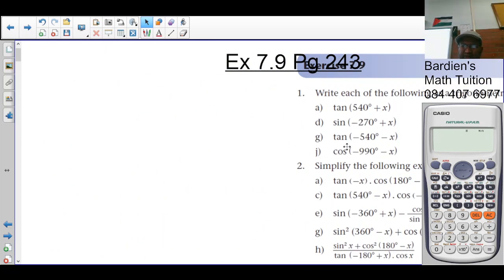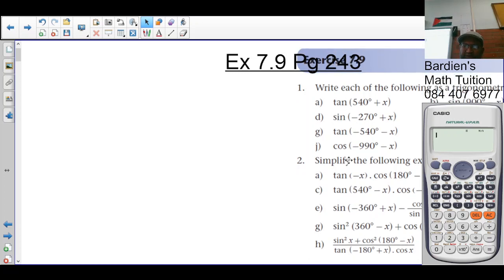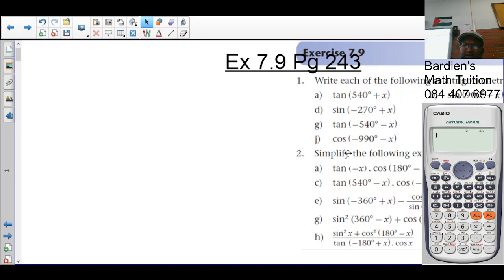Anything else with the first column here? Do they have it like that? It's fine. That's good. Root 2 over 2 is the same as 1 over root 2.